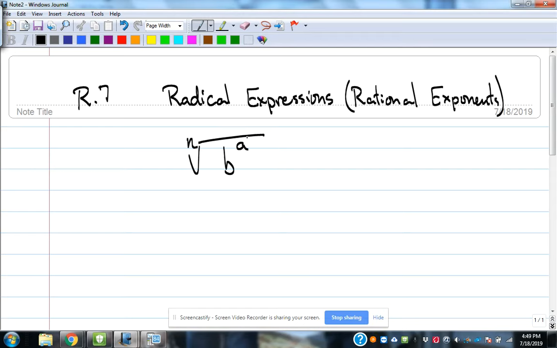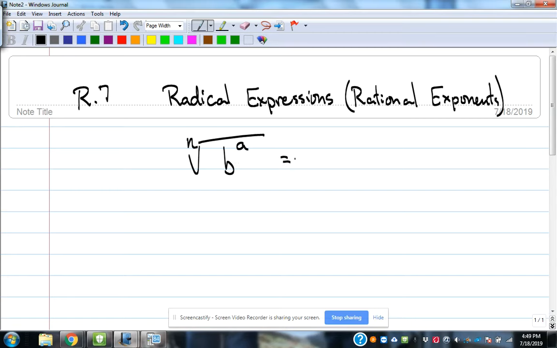So if it's a square root, that's a 2. They never write it there, but it's a 2. If it's a cube root, there's a 3 right there. And this exponent here is on the base B. You can convert any radical expression into a rational exponent expression by using the same base.